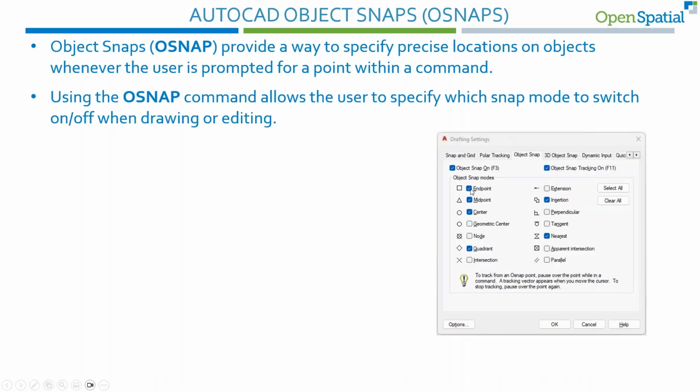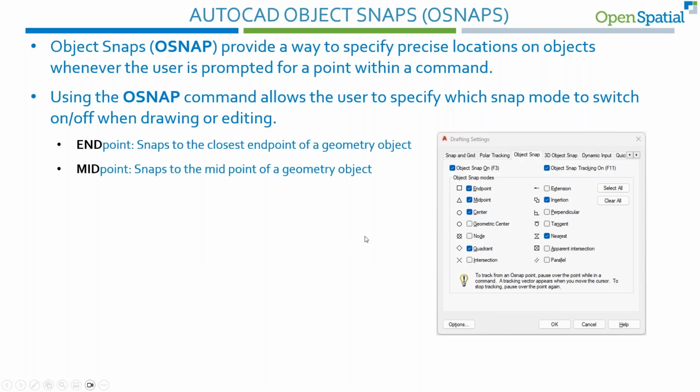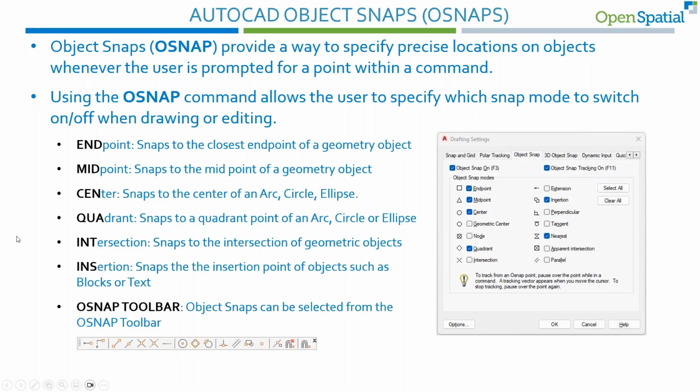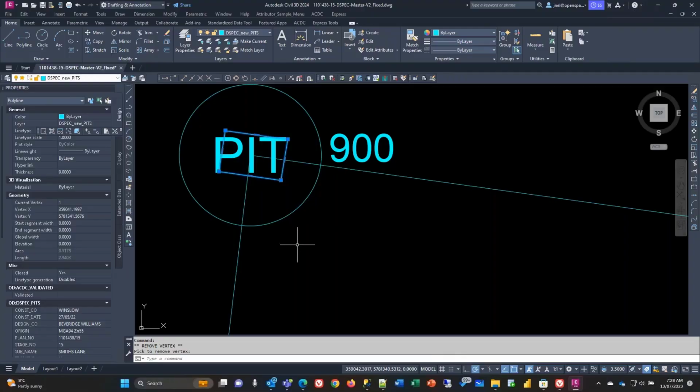So if you look at the OSNAP settings, you can snap to endpoint, midpoint, center of a circle, geometric center of a polygon, a quadrant, extension of a line, insertion, perpendicular, nearest, apparent intersection, intersection, parallel, etc. So you can choose which of those you turn on or off. So yeah, there's all of that. There's also the OSNAP toolbar, so you can say, okay, I want to snap to this or to that. So just a very quick one.